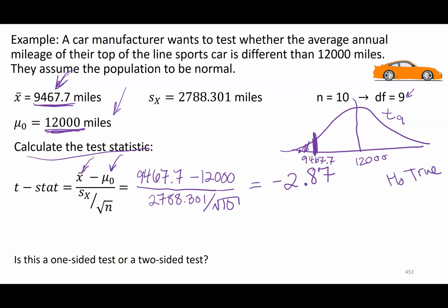I will want the lower tail. But remember, we're going to have to multiply by 2 because this is a two-sided test. So, two-sided test, why? Because our alternative is "different than." So mu is different from 12,000 miles.